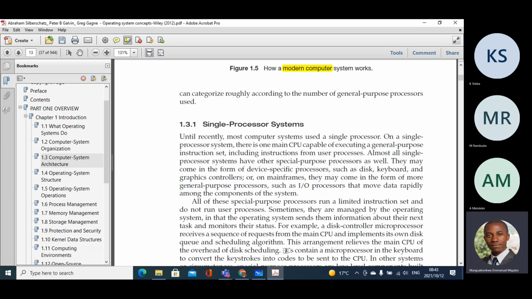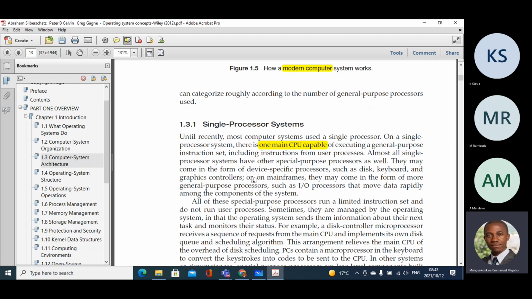Most computer systems use a single processor, so it's the most common type. On a single processor system, there's one main CPU, and that's the key distinguishing aspect. It's that CPU that executes a general purpose instruction set. Where are the instructions coming from?